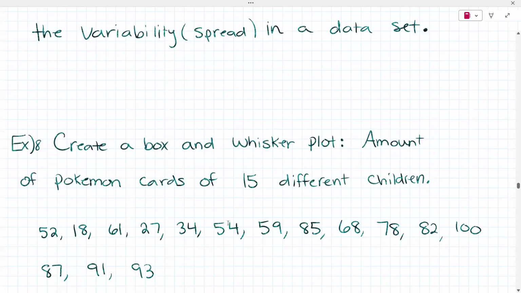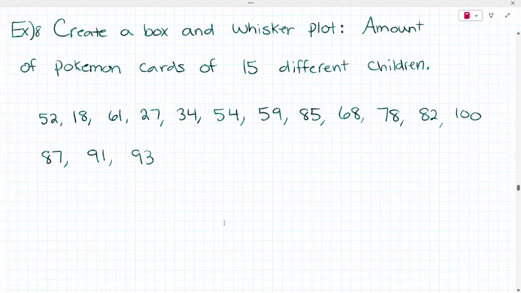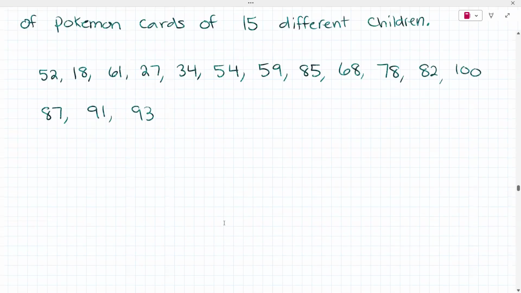So here I'll explain how to create one. Example 8 says create a box and whisker plot for the amount of Pokemon cards of 15 different children. So what I will do first is step 1: make sure to place it in order from least to greatest.